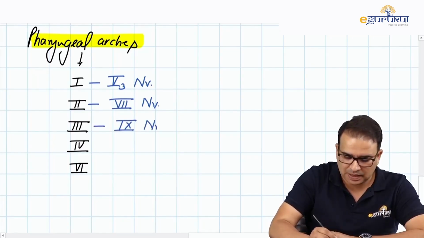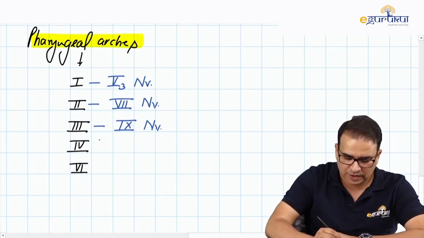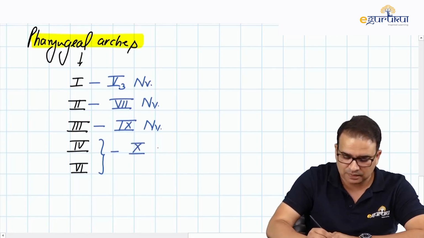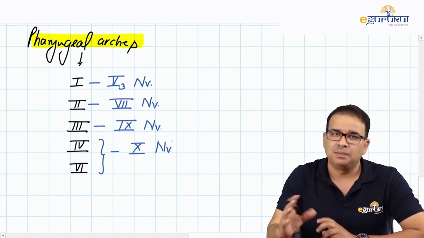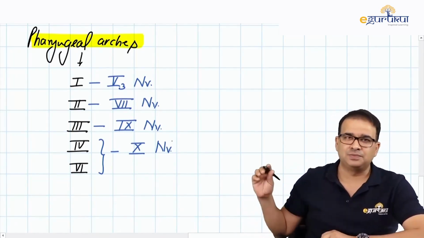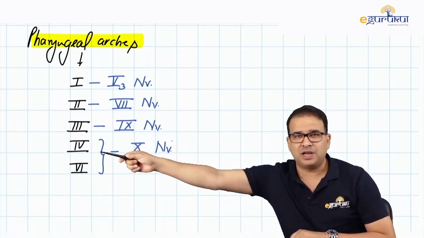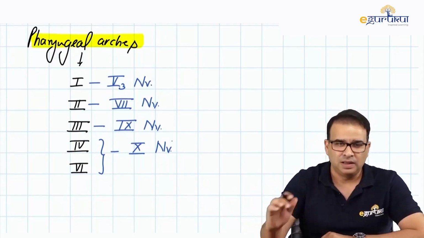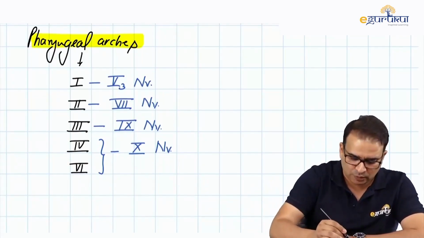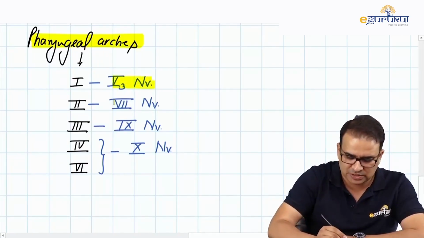The third arch is supplied by the glossopharyngeal nerve, whereas the fourth and sixth arch are collectively supplied by the vagus nerve. Yes, these are two different branches of the vagus, but vagus only. Like we have a superior laryngeal nerve supplying the fourth arch, and a recurrent laryngeal nerve for the sixth arch. Something to be discussed later on, but all I want you to focus on is the nerves for the respective pharyngeal arches.